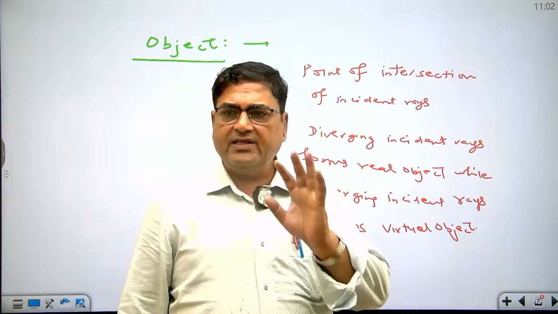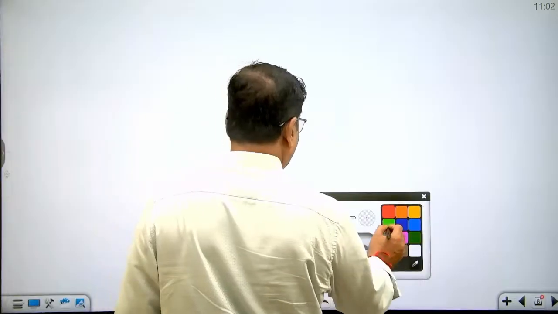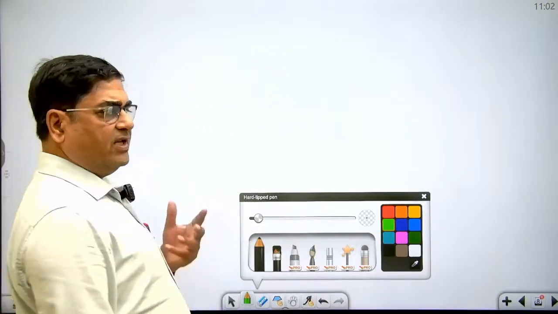Minimum two incident rays are required to define an object. Okay. And what is virtual object? Virtual object is an object where the object is there, but at the location, object light is not there.